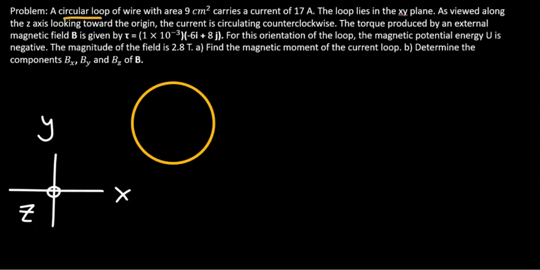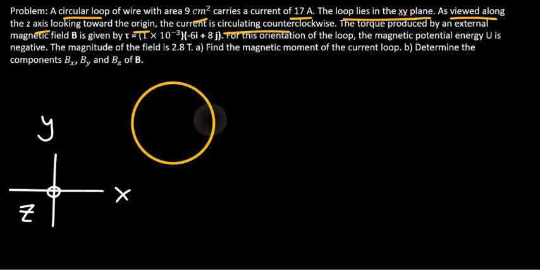A circular loop of wire with area 9 cm squared, that is this loop, carries a current of 17 ampere. The loop lies in the xy plane. As viewed along the z-axis, looking toward the origin, the current is circulating counterclockwise.